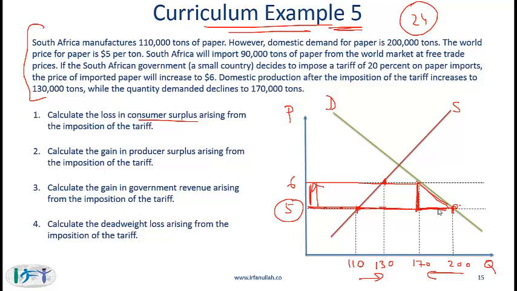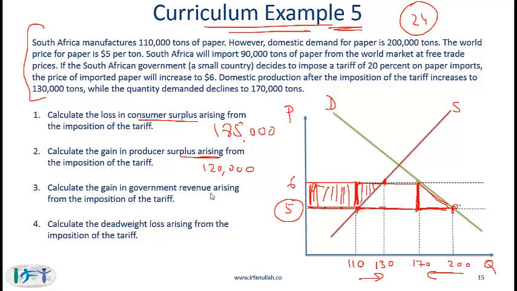Base is 30 into 1 into half, which is 15. We have 170 plus 15, which is 185,000. Calculate the gain in producer surplus. The gain in producer surplus is this particular area. Again, you have a rectangle and a triangle. You can come up with that area, which is 120,000.